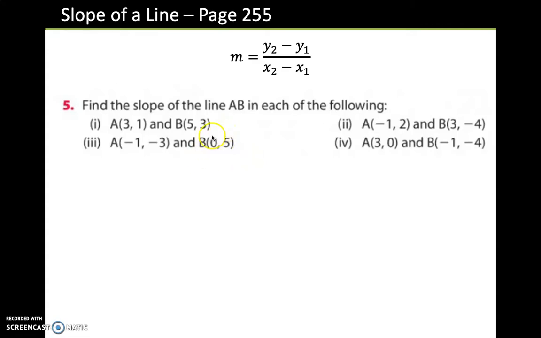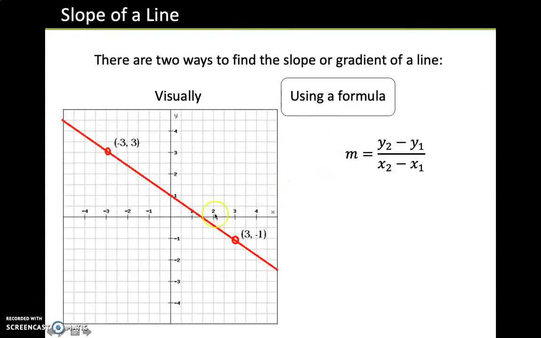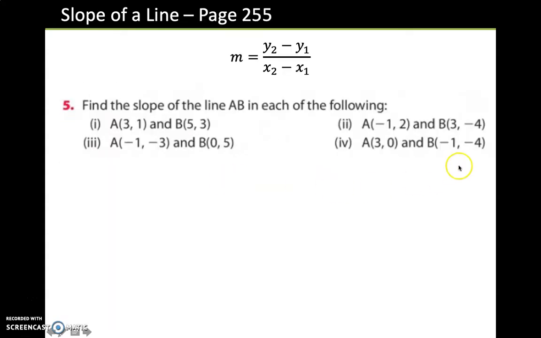So it's a lot easier to use the formula rather than draw the whole diagram and plot the points. I'm going to go through this question and the fourth question on question 5 on the visualizer.